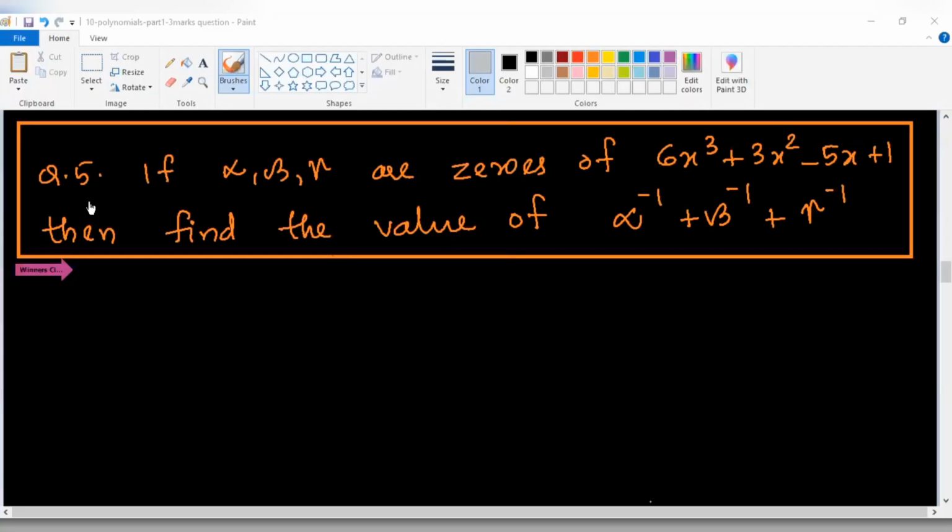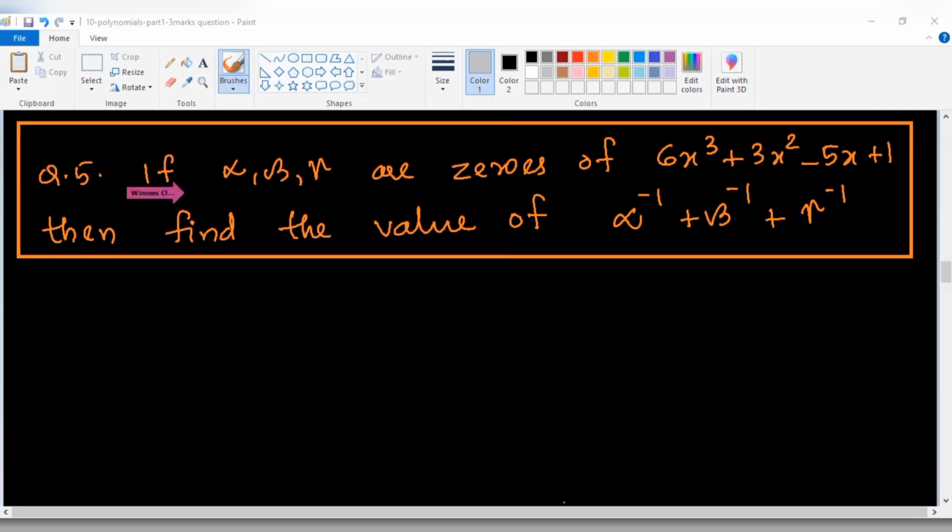This is our fifth question. If alpha, beta, gamma are zeros of this polynomial, then find the value of alpha raised to minus 1 plus beta raised to minus 1 plus gamma raised to minus 1. See here the given polynomial is a cubic polynomial. So we know there are maximum 3 zeros and normally we take them as alpha, beta, gamma.